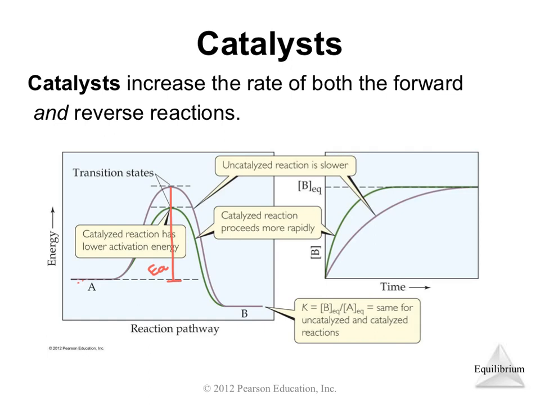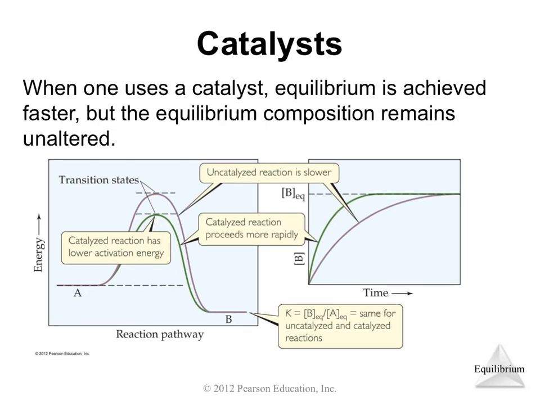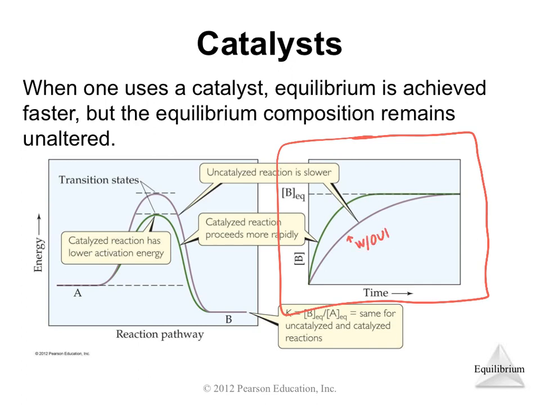And so what we can see that it does to equilibrium is it reaches equilibrium faster, but it doesn't change any of the equilibrium compositions or concentrations. So when we look at this graph, which is our concentration, the pink line again is without a catalyst, and it takes quite a while for it to reach that equilibrium concentration where it remains constant.